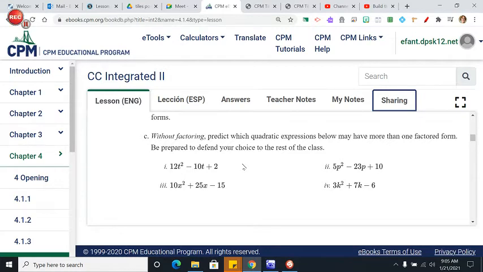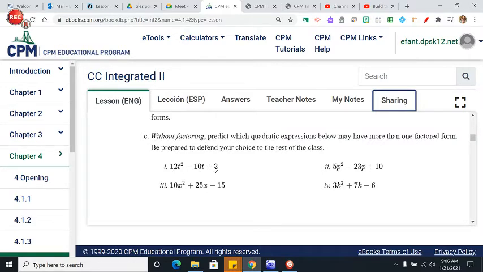In other words, has a common factor. So what we discovered is that when you have that common factor, you can build the rectangle multiple ways. So for the check-in, you're just telling me which of these, 1, 2, 3, or 4, has a common factor in each of the terms.